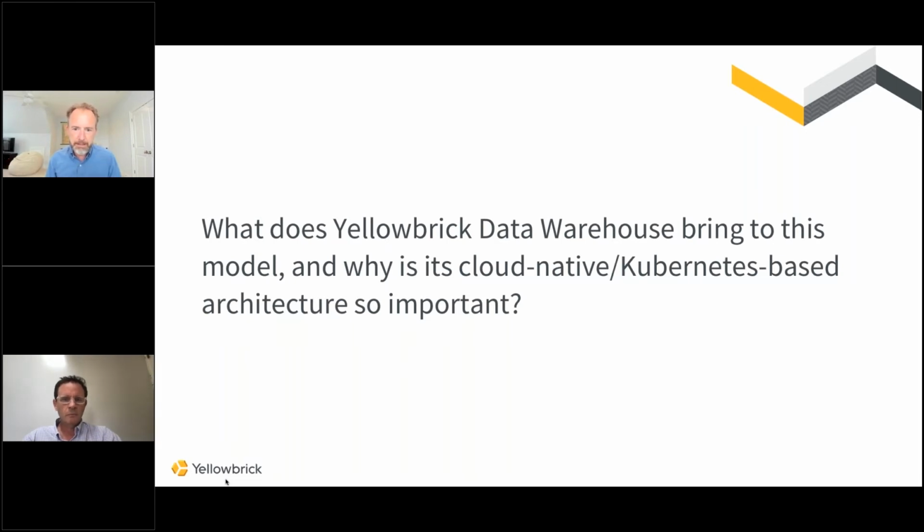You need opportunities depending on your business needs to deploy a warehouse where you need it. And we made an early decision in Yellowbrick to build our data warehouse with microservices and container-based approaches in mind. And our decision to use Kubernetes as the orchestration framework around our software means it's easy for us to deploy Yellowbrick on these public cloud Kubernetes services like EKS and AKS and GKE, the main public cloud providers.